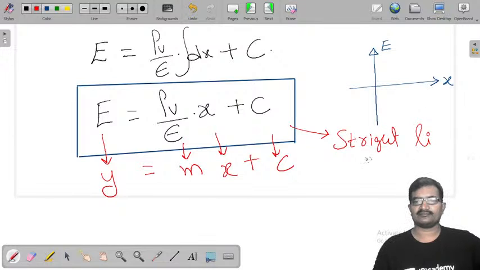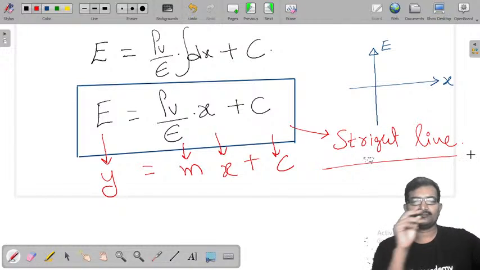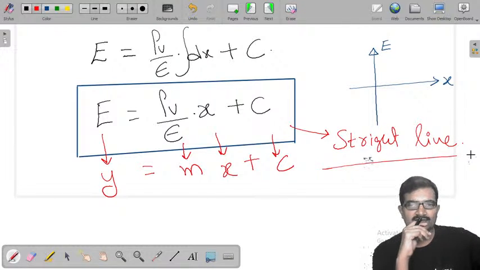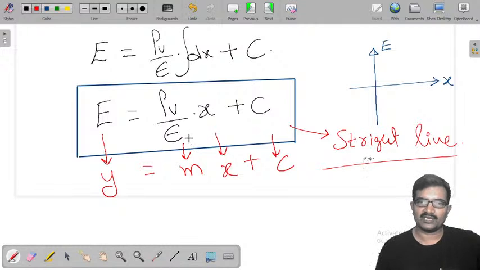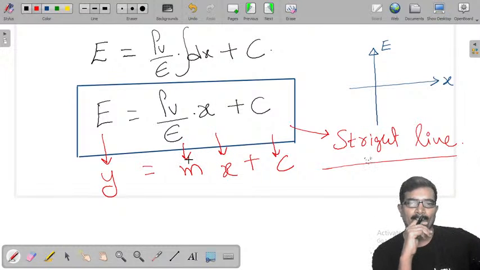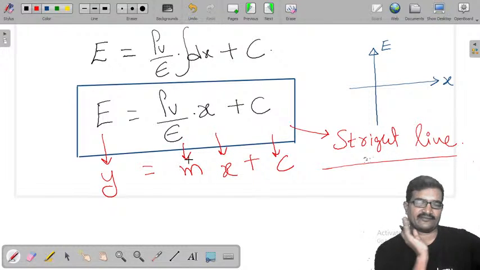Simply, it is a line equation. Now based on m, if m is a positive value, then it gives a positive slope, and if m is a negative value, then it moves in a negative direction, a negative slope. So that is the electric field.